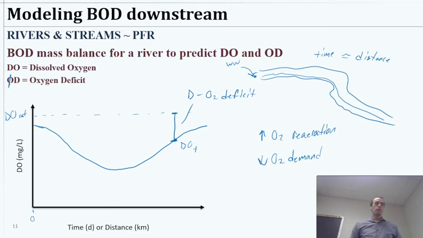Of course, dealing with this equation and how to make this model, it's a lot like a plug flow reactor. We're going to be taking the water and sending it through this process. It's got competing reactions and several factors that can describe how and why we have the increase or the decrease.